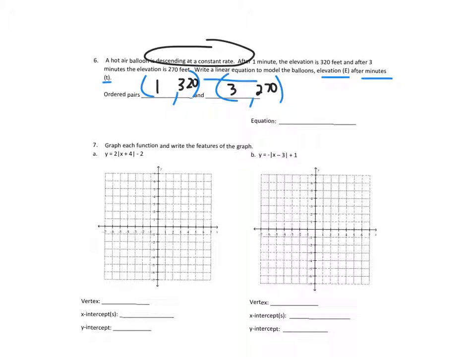This makes sense because the hot air balloon is descending. You can find the slope and write it in point slope form, but I'm just going to use my calculator.